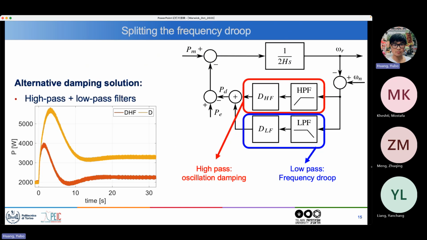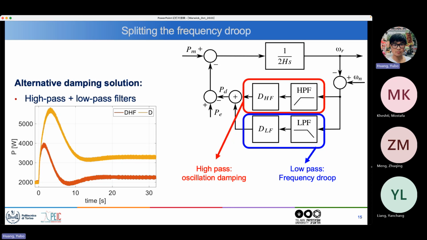Now, I told you that in a VSM, you can make a VSM much better than the actual generator. And one aspect in which you can make it better is you can make the droop respond fast. And you can even make it not only a proportional droop which responds instantly, but you can make it even better than that. You can make the droop constant frequency dependent. You can decompose the frequency error signal into a high pass component and a low pass component.